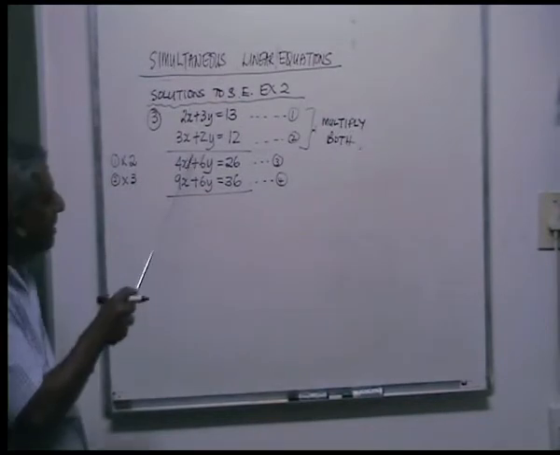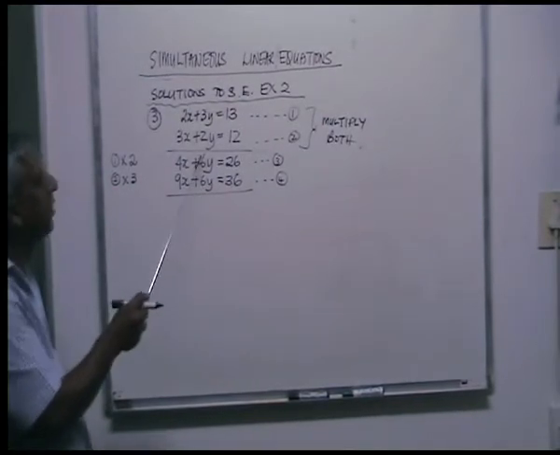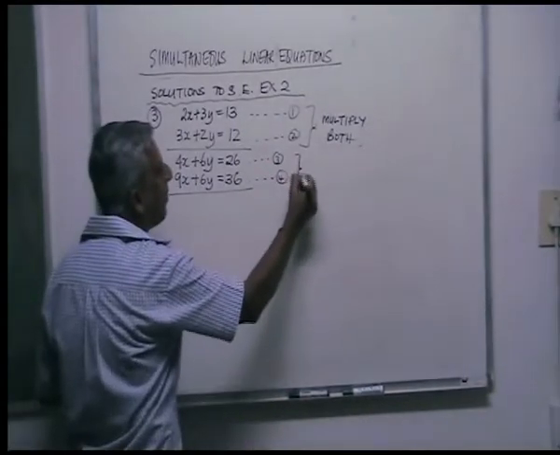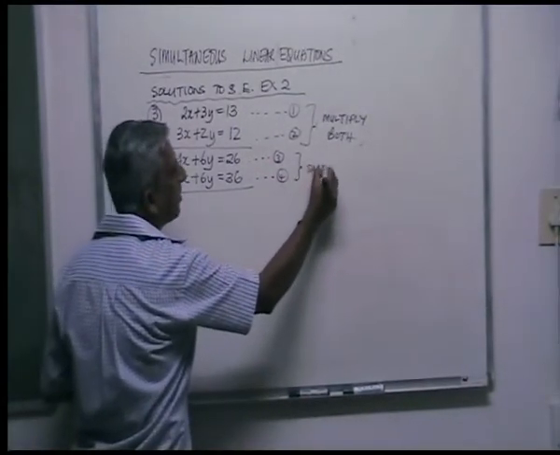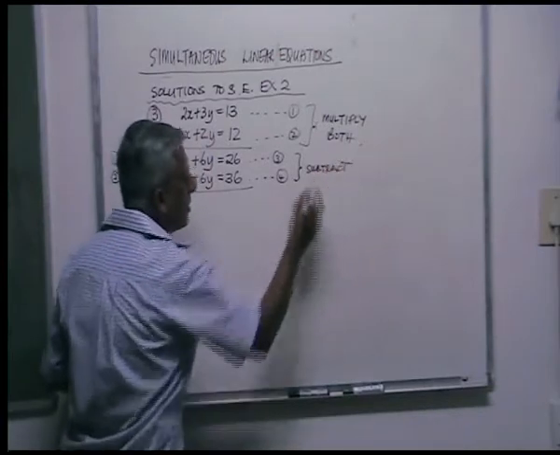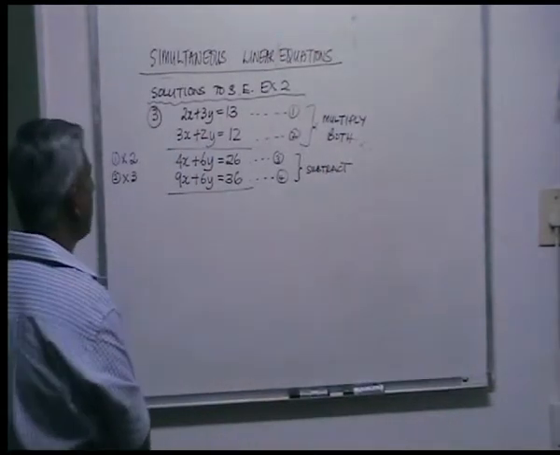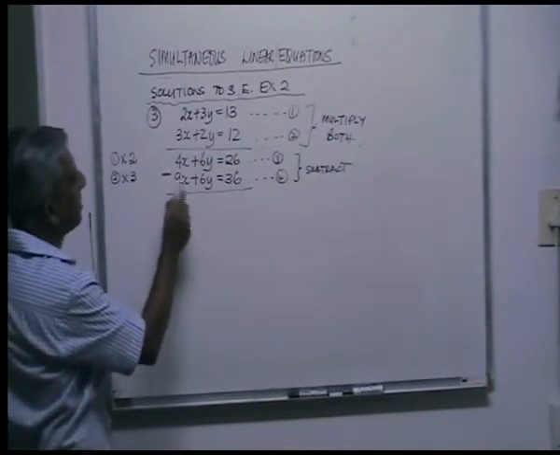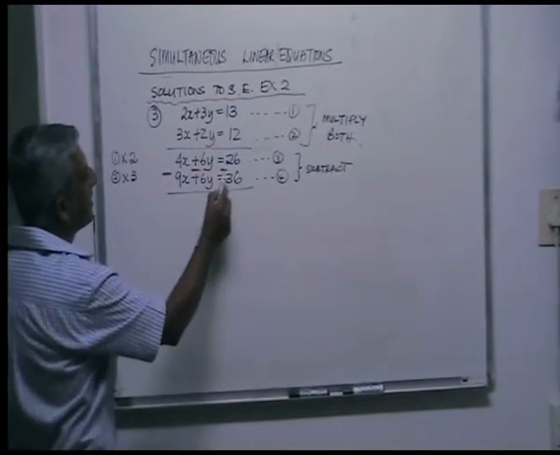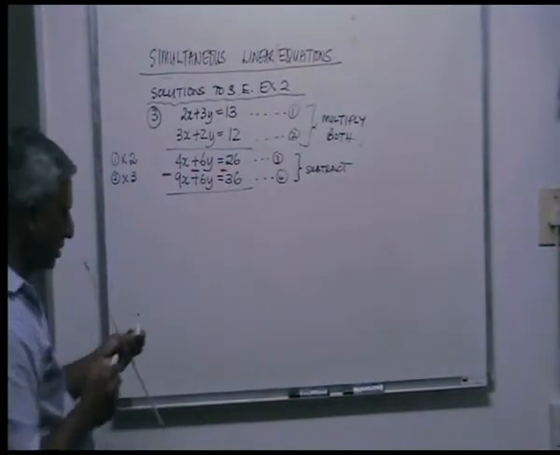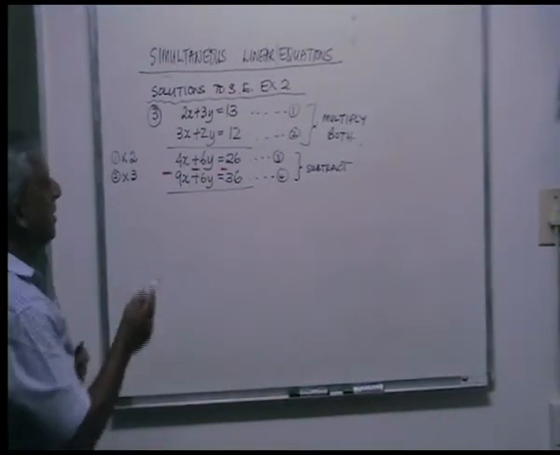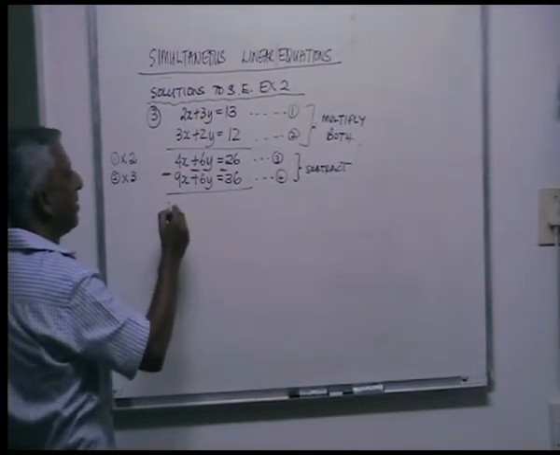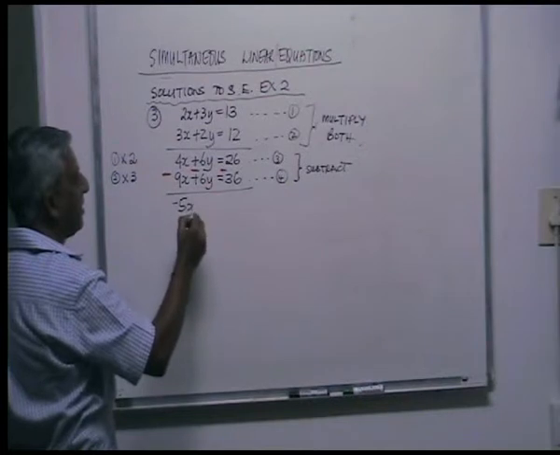Now, if I subtract these two, the y and the y will disappear. So subtract means I must change the bottom sign and then add. So I'll make that minus, that becomes minus, that becomes minus. So 4 and minus 9 will give you minus 5x.